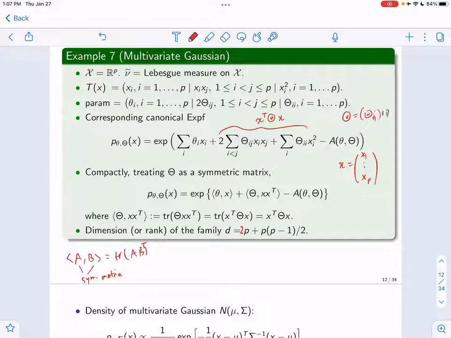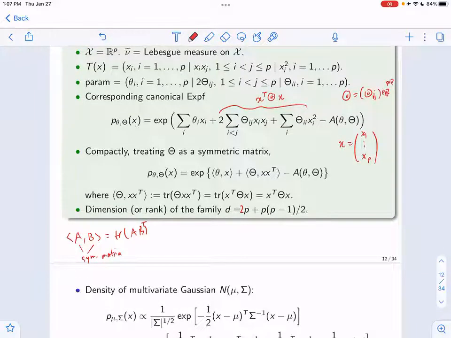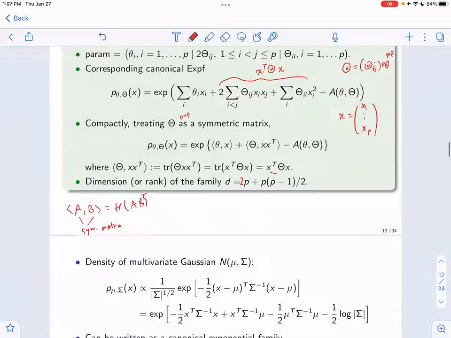And then this can be written as the trace of x transpose theta x, because it's a scalar, so it's the same as a trace, and the trace has this circular property. I can write it like that, so I can move this to the other side. And then this is just this inner product.